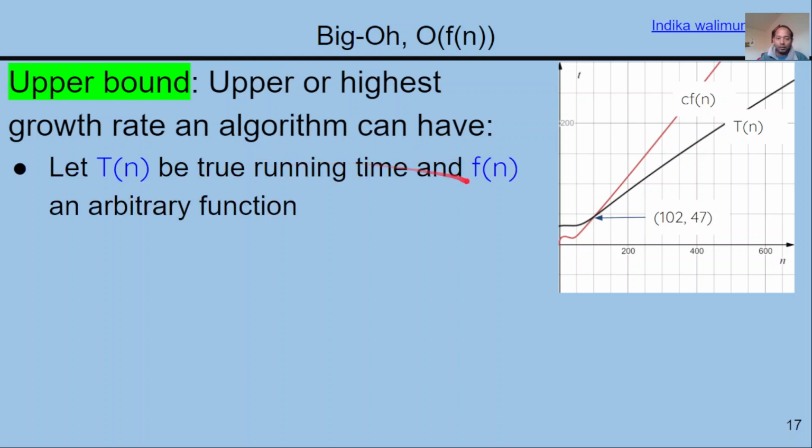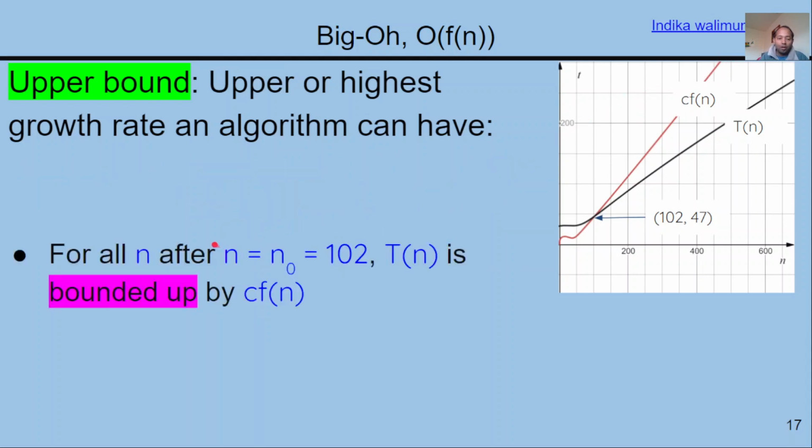So if we take Tn to be the true running time or time cost function, and Fn any arbitrary function, there's a situation in which for all n after n equals n naught, and here it's actually 102, Tn is bounded above by C times Fn, and we can see that, right?